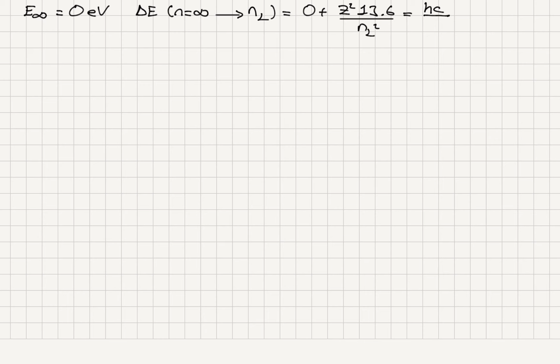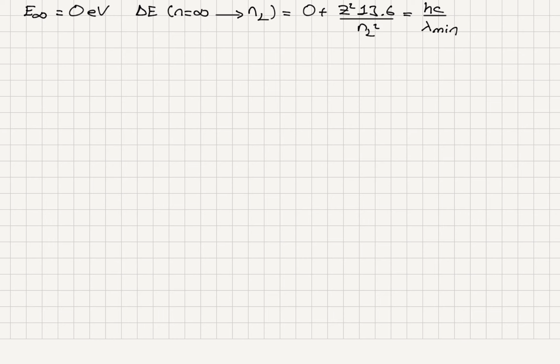If you look at the n equals infinity level, this corresponds to 0 electron volts. That means the transition from n equals infinity to the final quantum state n sub L is going to be 0 plus Z squared 13.6 divided by the final quantum number squared, and this is equal to hc divided by lambda minimum.